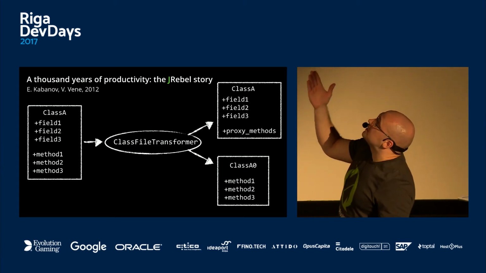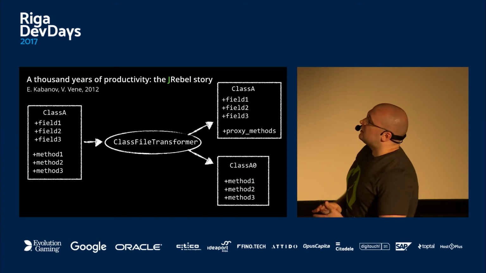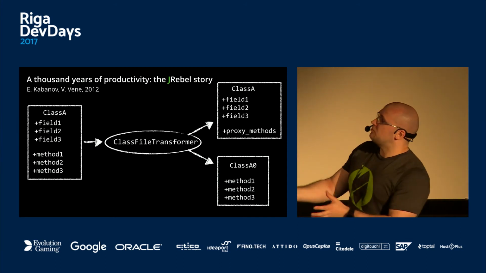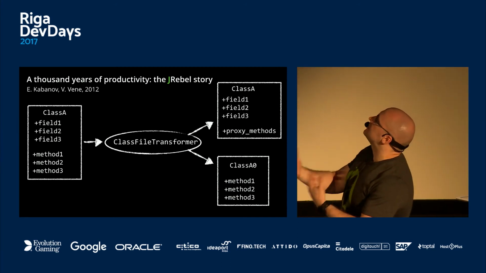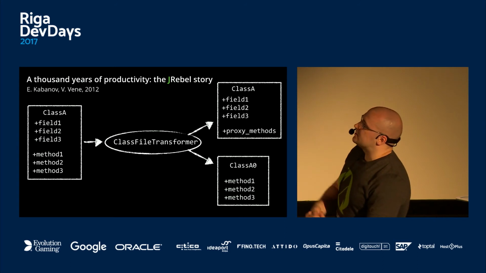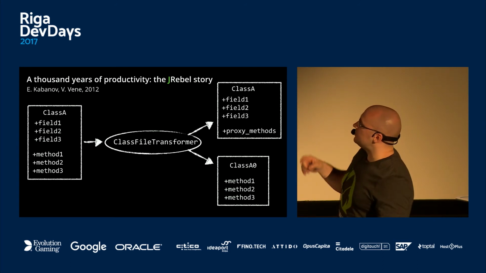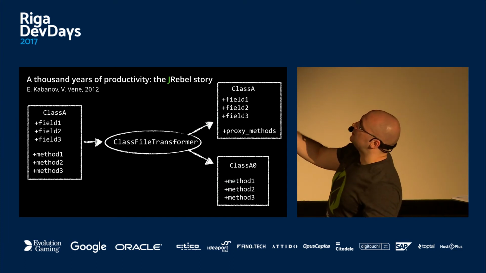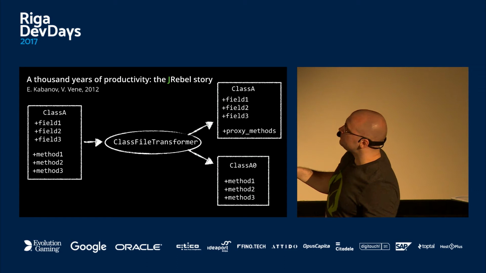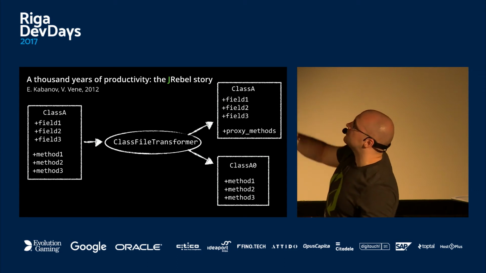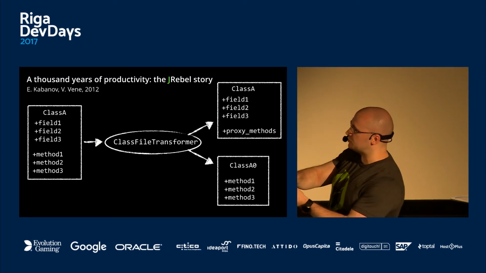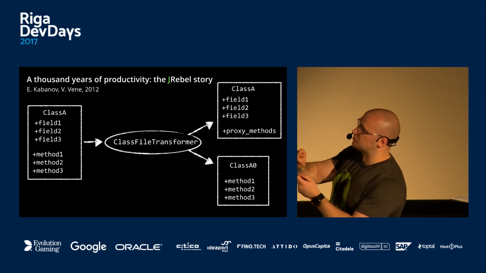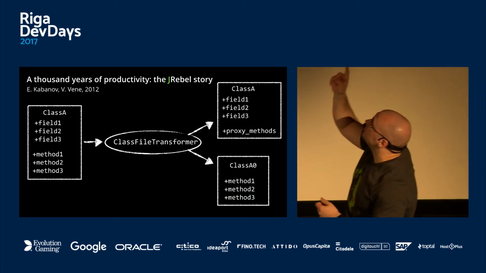The first version has the same shape, the same fields, the same methods as the original class, but there is also a versioned class that has the true body, the true instructions that you implemented in the original class.